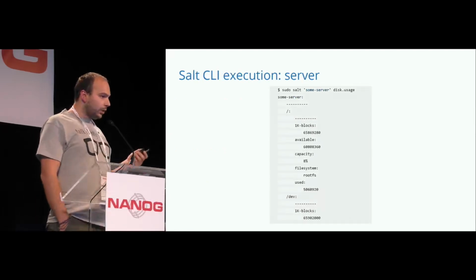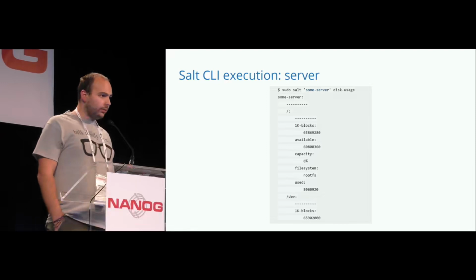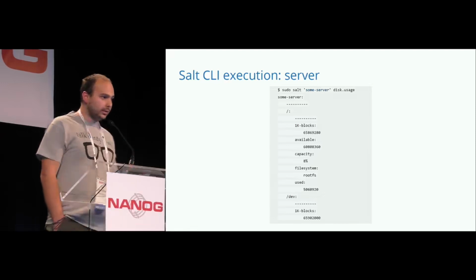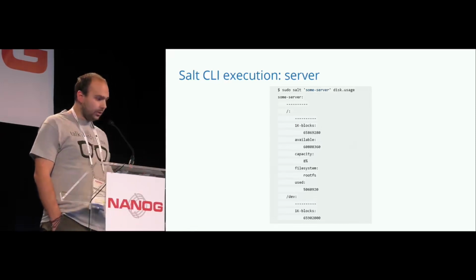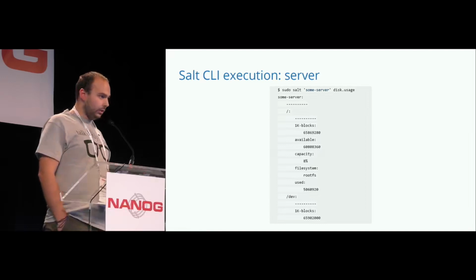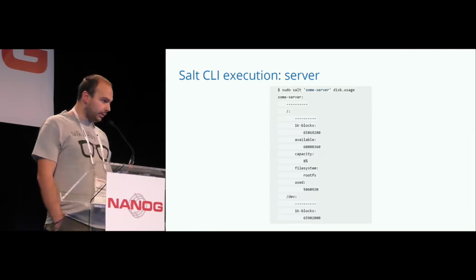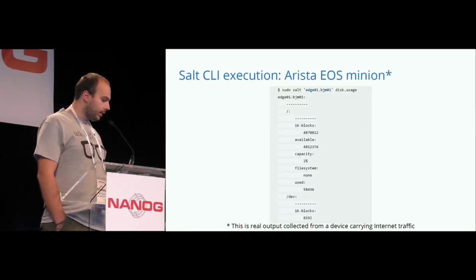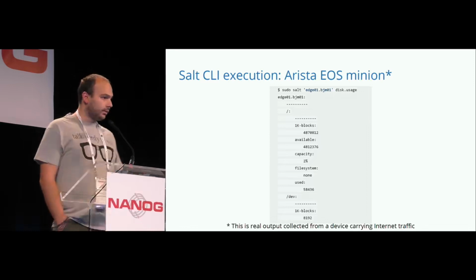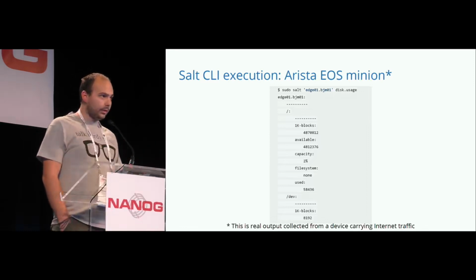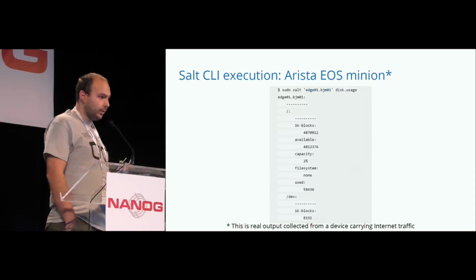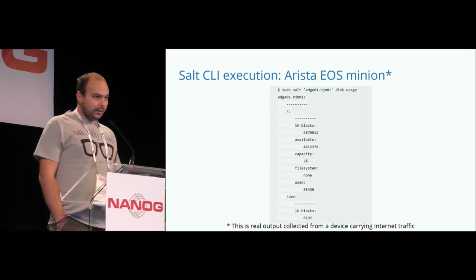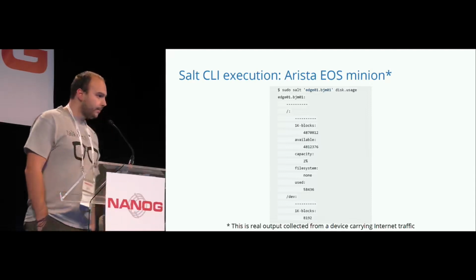Afterwards, like on a server, you execute this command, let's say disk.usage, that gives you the usage on all the available disks. You can use exactly the same on a network device. This output is collected from a network device that is in production at the edge of our network that carries a pretty good amount of internet traffic.